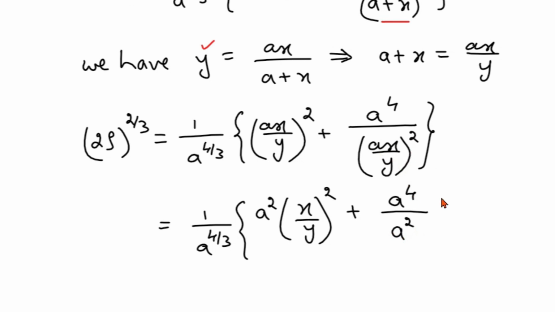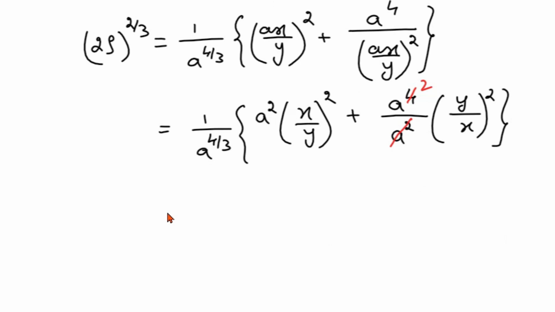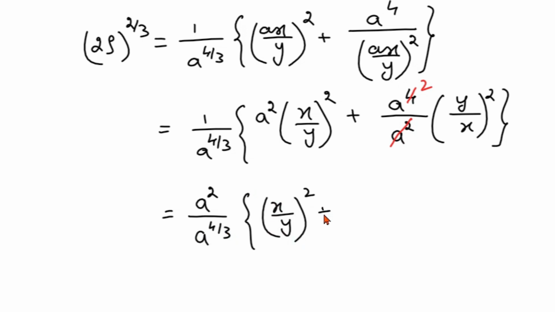If I take that in the numerator, it becomes the reciprocal, (y by x) whole square. You can see that this a square will cancel out with a power of 4, it becomes a square over here. So a square is common in both the terms. I'll take a square as common outside and divide by a power of 4 by 3 as it is. So here we are left with (x by y) whole square plus (y by x) whole square.